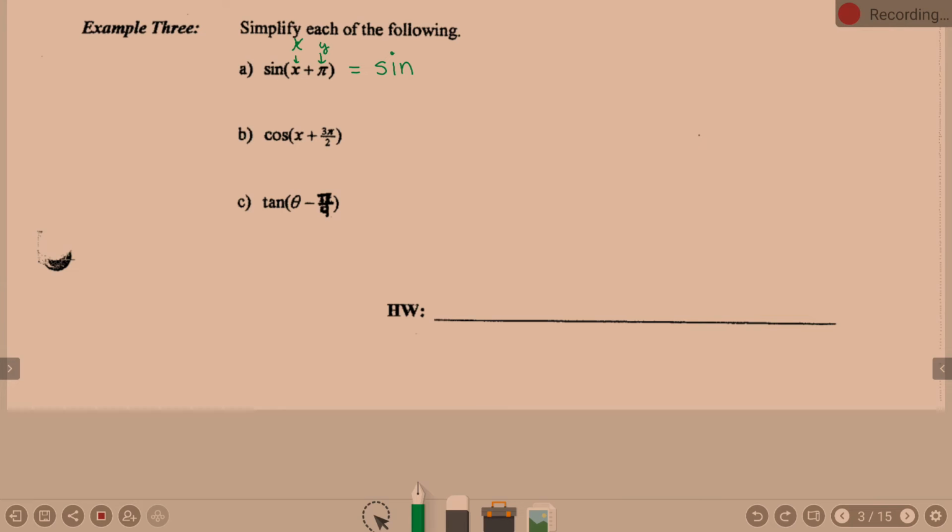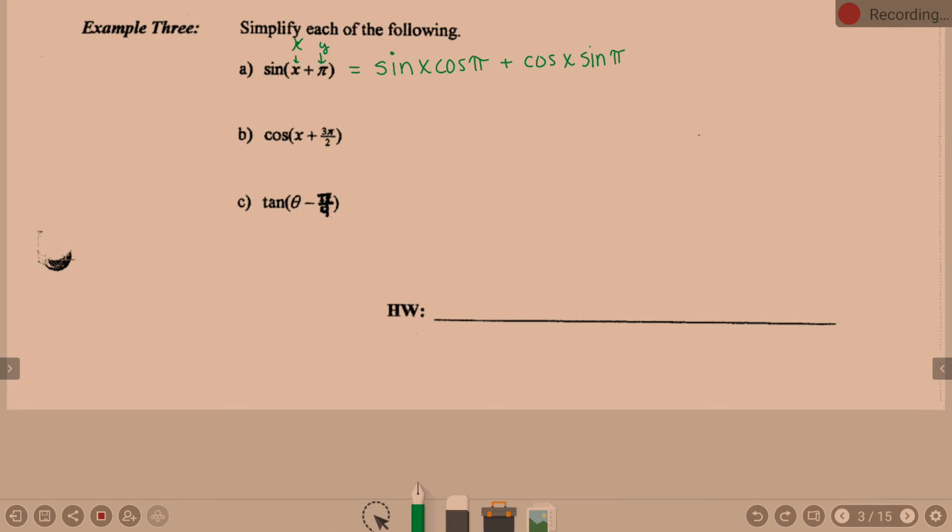My sine identity starts sine x cosine y. So this is going to be sine x cosine of pi, plus or minus? This is a sine identity, so we keep the positive negative sign the same. And now it's going to be cosine of x times sine of y, which is pi. So you're writing out the expression sine x cosine pi plus cosine x sine pi.